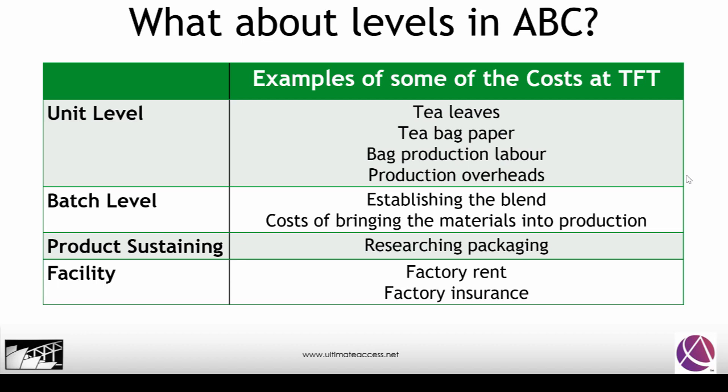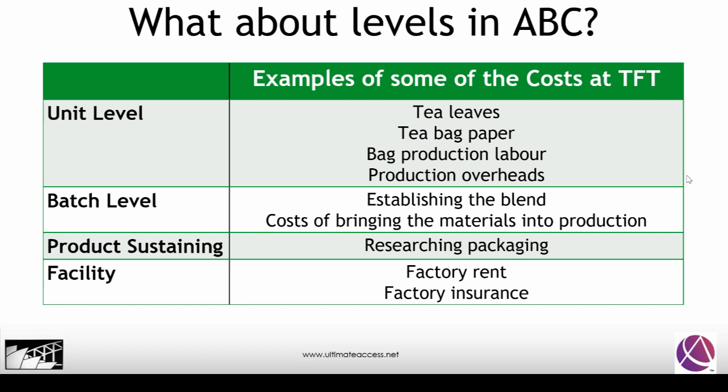Batch level ABC area. Then we look at the product sustaining. This is how we maintain our position within the market. So any researching of packaging, anything like that, that would then be maintaining our position or even trying to develop our position and maybe take market share away from rivals.